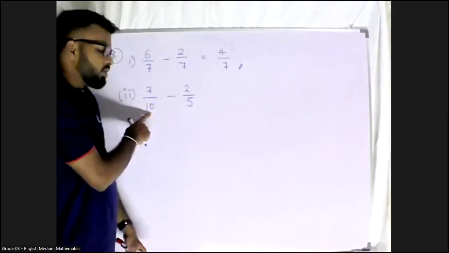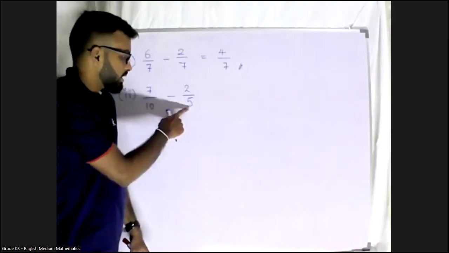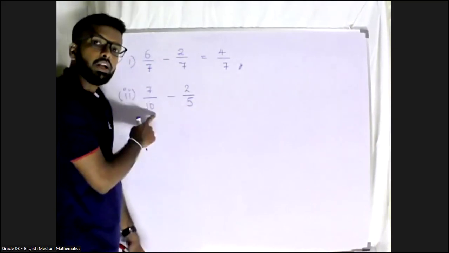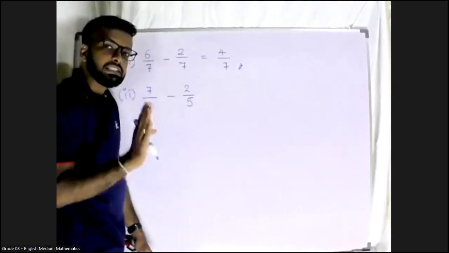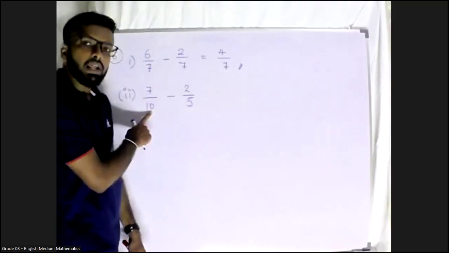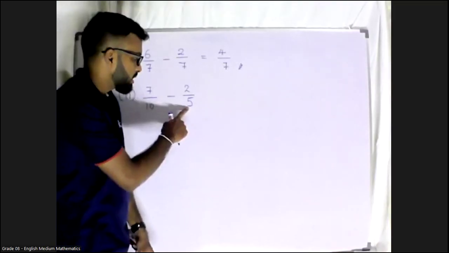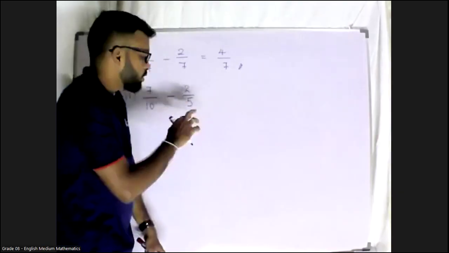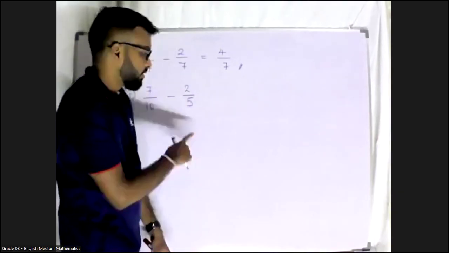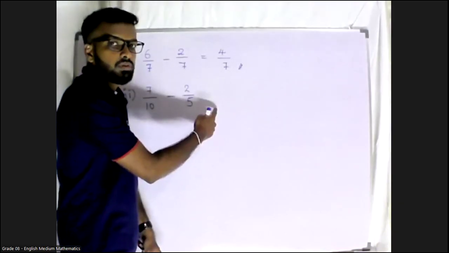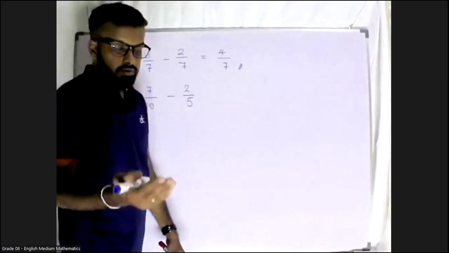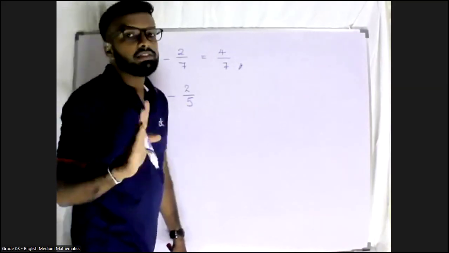Here you have 10 and here you have 5. You can easily convert 5 into 10 by multiplying 5 by 2, which is 10. But the correct way is you need to find the LCM.